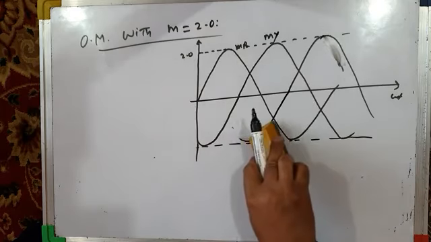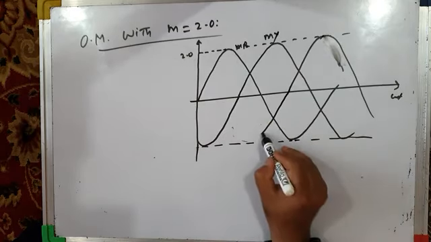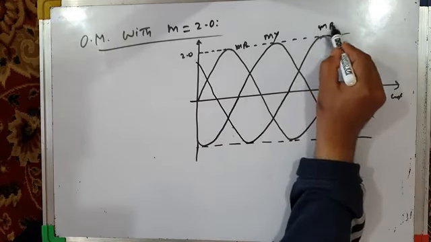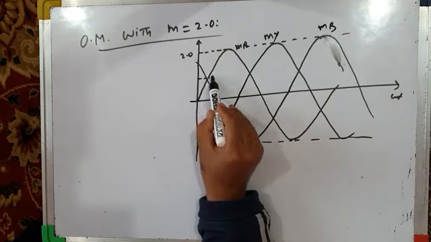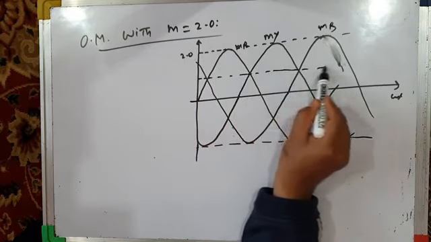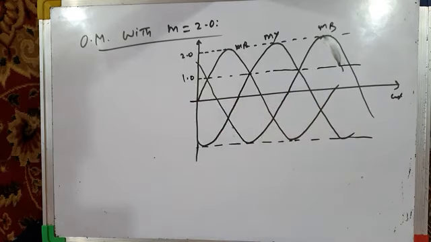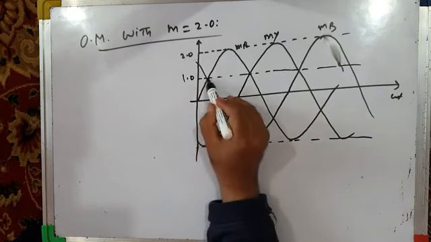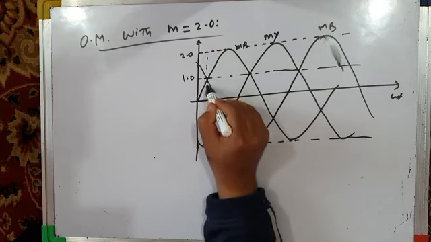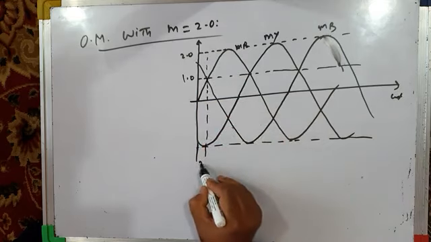This is MB. Now, what is this? This line is 1. This value is 1.0. Now you can see in this case, this angle is 30 degrees from here to here.